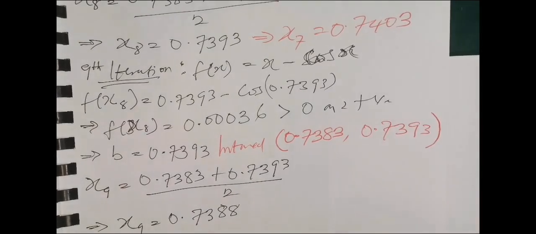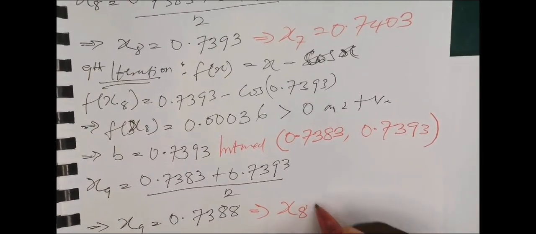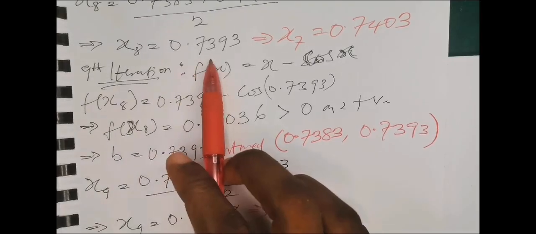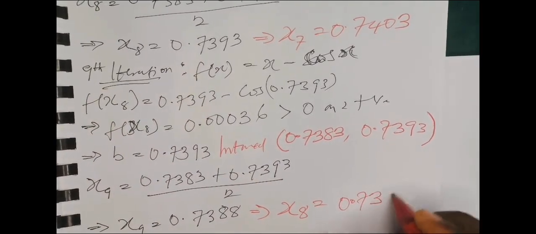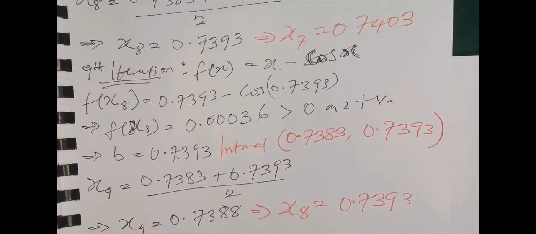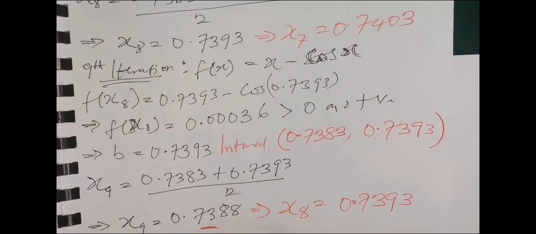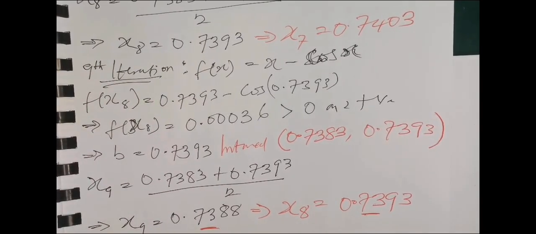Okay, so comparing this with the previous root we obtained, s8, which was 0.7393, correct to 2 decimal places, this is 0.73. Correct to 2 decimal places, this is 0.73. So which means the root has converged.